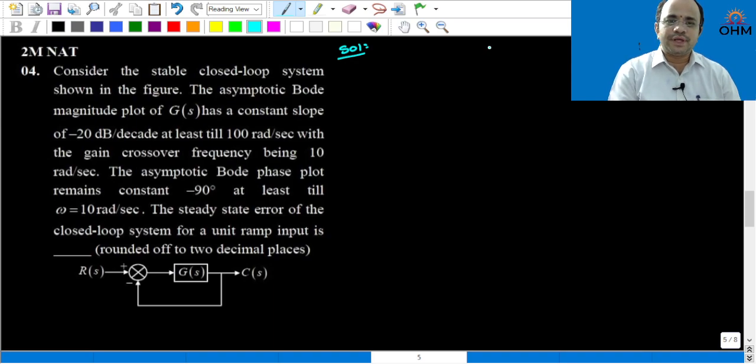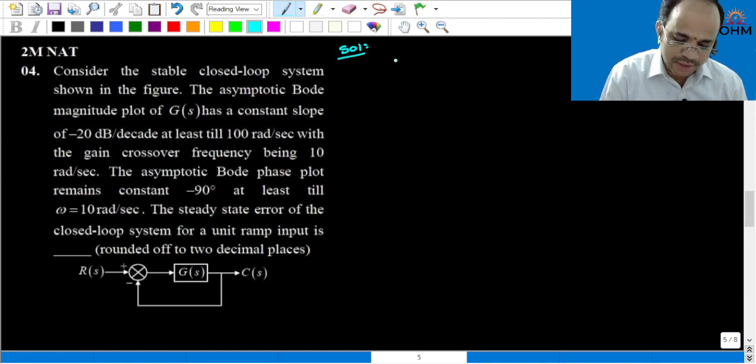The asymptotic phase plot remains constant at -90 degrees at least till omega is equal to 10 radian per second. The steady state error of the closed loop system for a unit ramp input is?